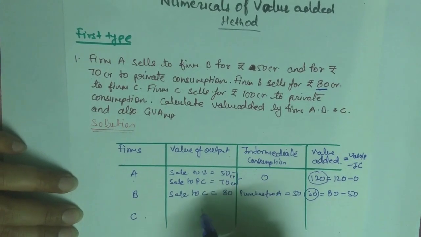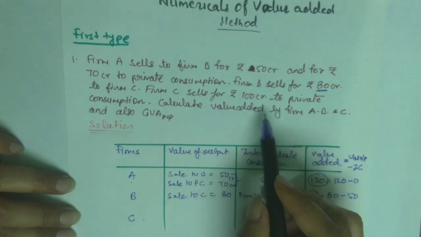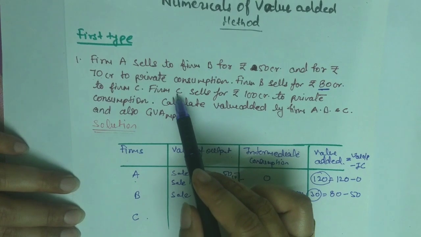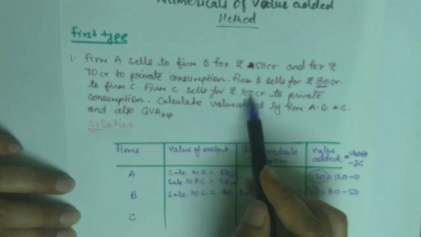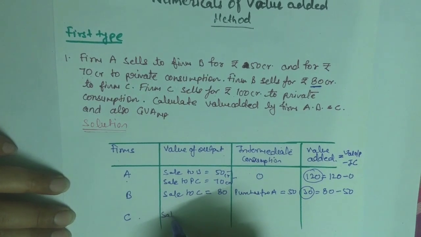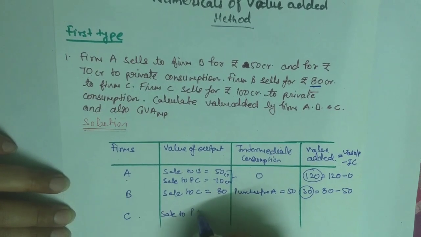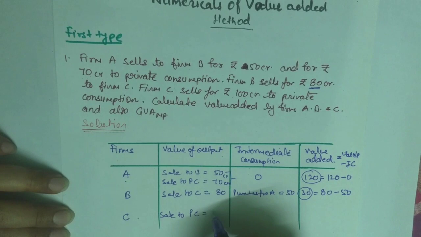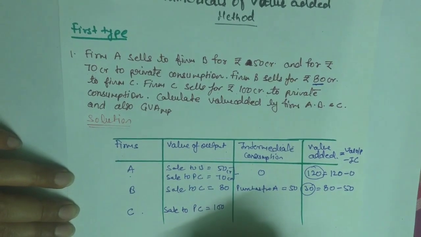So C value added will be now in the question given as firm C sells for rupees 100 crore to private consumption. It means firm sell to private consumption is given as 100 crore, right?